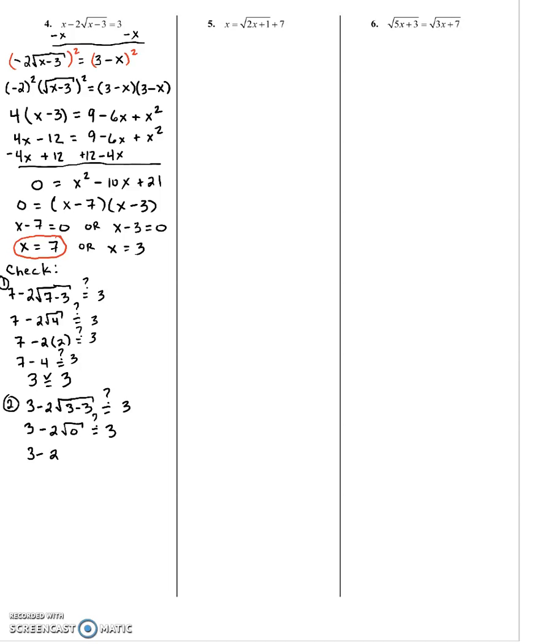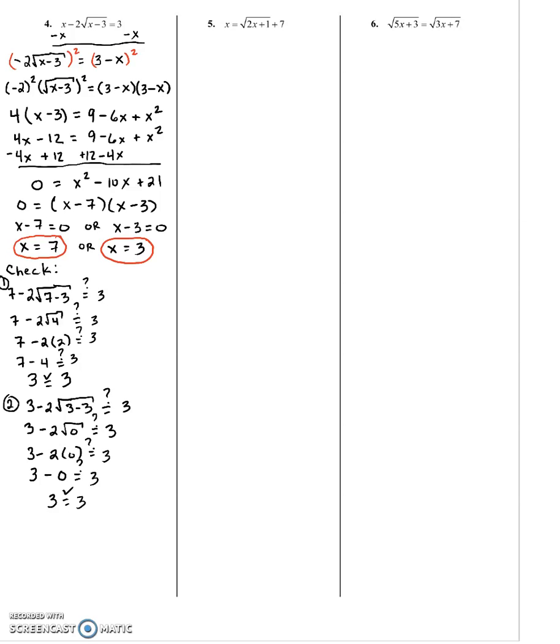The square root of 0 is 0. 2 times 0 is 0. And 3 minus 0 is 3. So that one also checks. So in this case, both of our answers, x equals 7 and x equals 3, work. So we have two solutions.